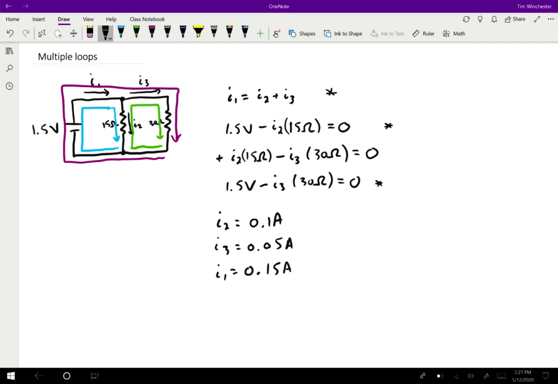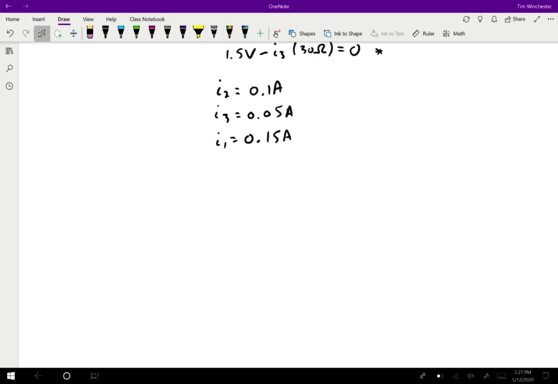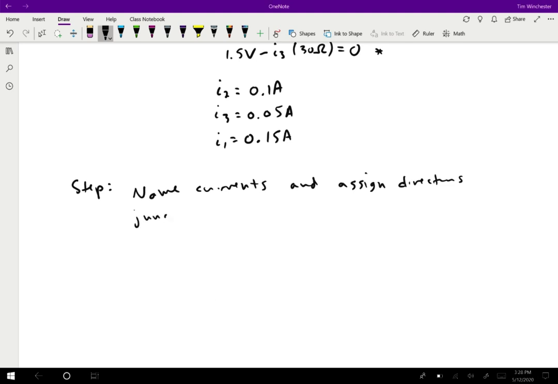Okay, so how do you approach a general circuit with this technique? So the first thing you have to do is name all the currents. And you also have to assign directions. So typically you do your best to guess which way it'll actually go, but as I said, if you're wrong, nothing bad happens. So you name currents and assign them directions. Okay, and then you write down some expressions for the junction rule.